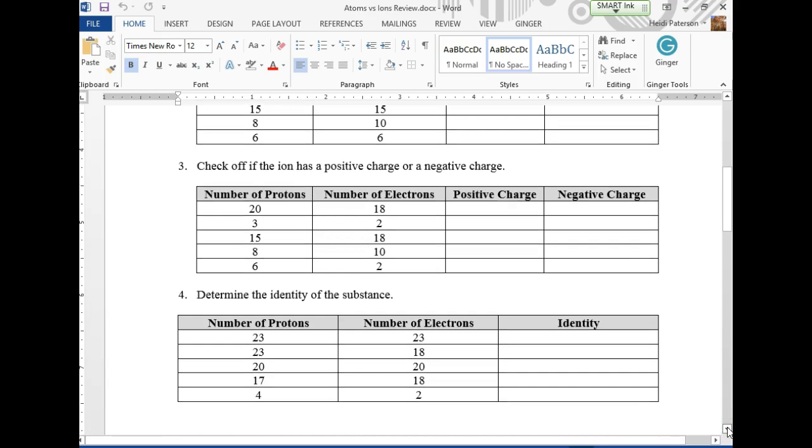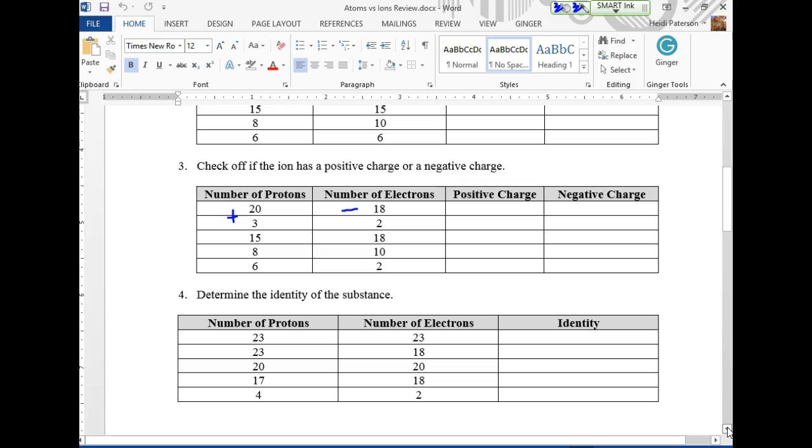Number 3 is going to get a little bit more challenging. I have 20 protons, which will have a positive charge, 18 electrons. Is the substance going to have a positive charge or a negative charge? Definitely a positive charge because there's fewer electrons compared to the number of protons.